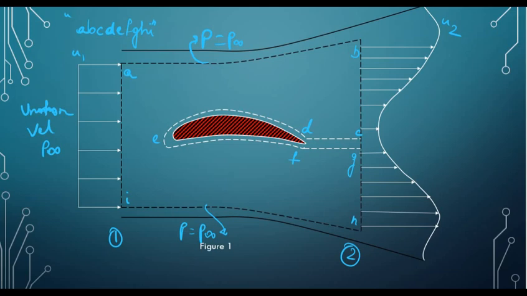But now here we have a change: u1 is equal to a constant. As you can see in the figure, u2 would be a function of y as it is distributed at the exit.